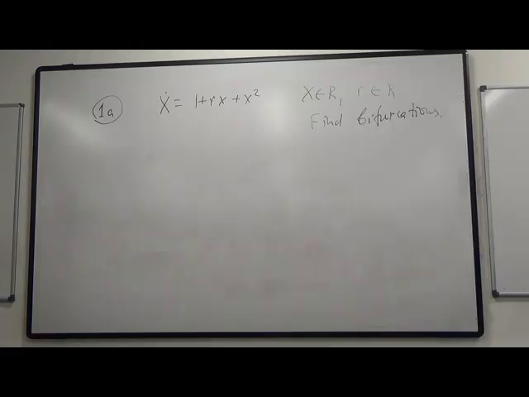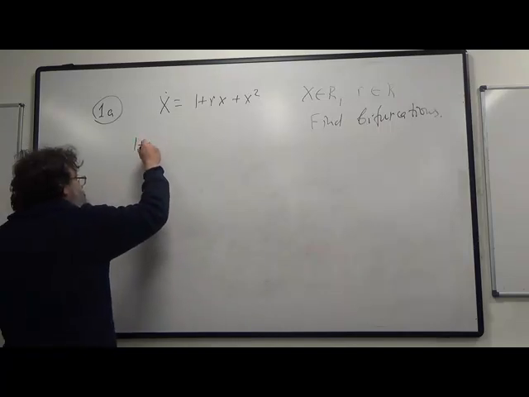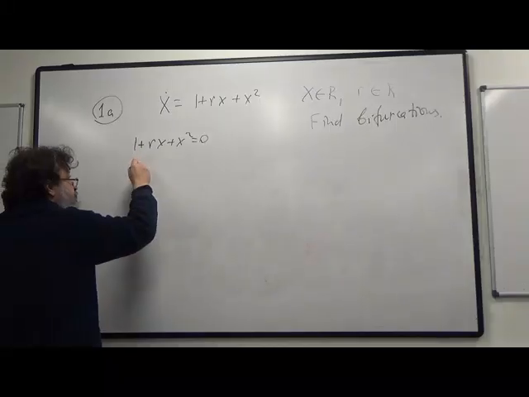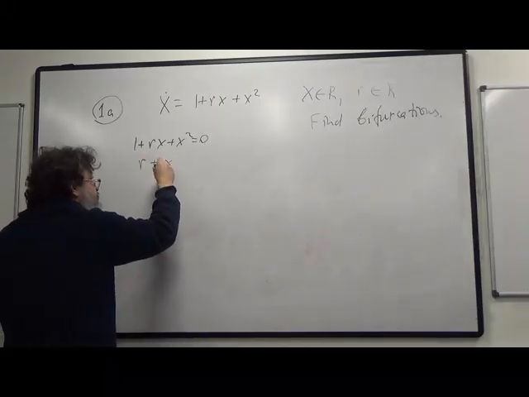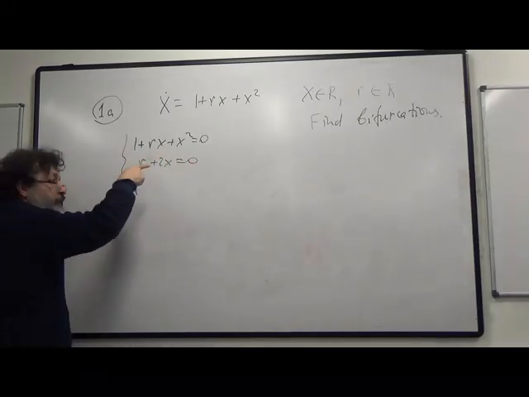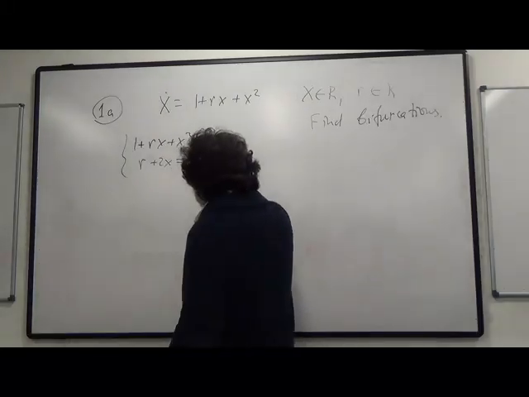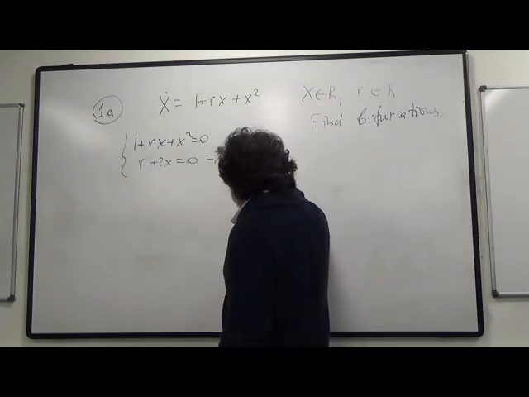The formal way says the bifurcation point is a point where we have a non-hyperbolic equilibrium. Non-hyperbolic equilibrium means 1 plus rx plus x squared equals 0, and the derivative of this is also 0, r plus 2x equals 0. So the solution of this is the bifurcation point. From here we conclude that r equals minus 2x.